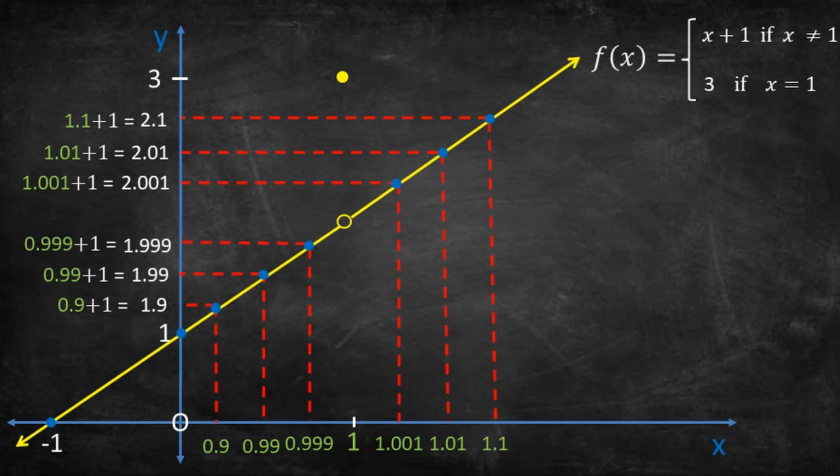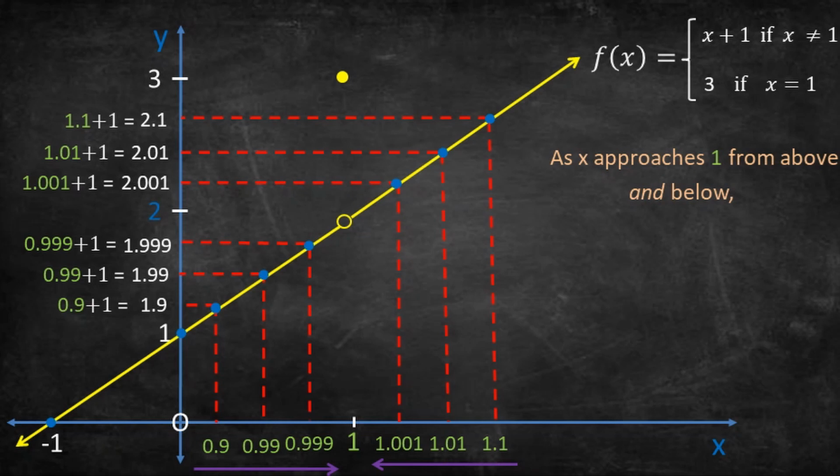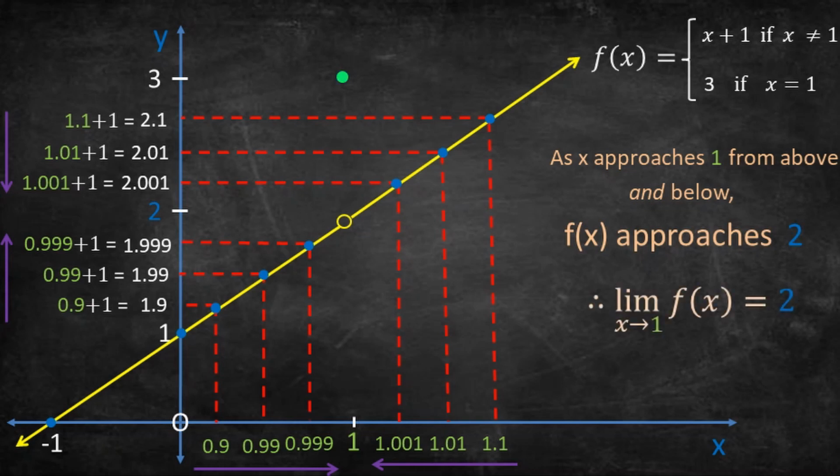Once again we find that as x approaches 1 from both above and below, f of x approaches 2. So we can say that the limit of f of x as x approaches 1 equals 2.